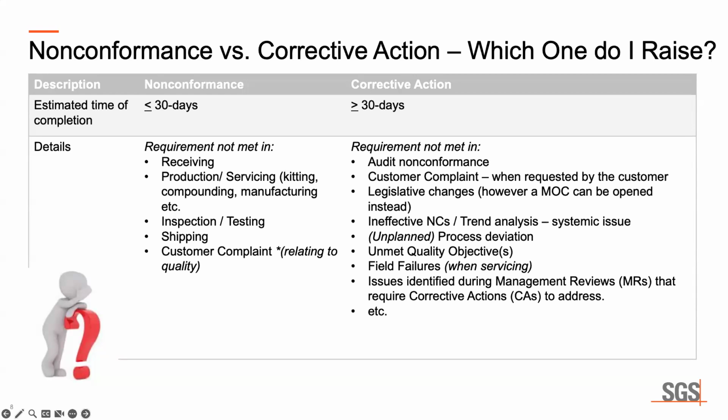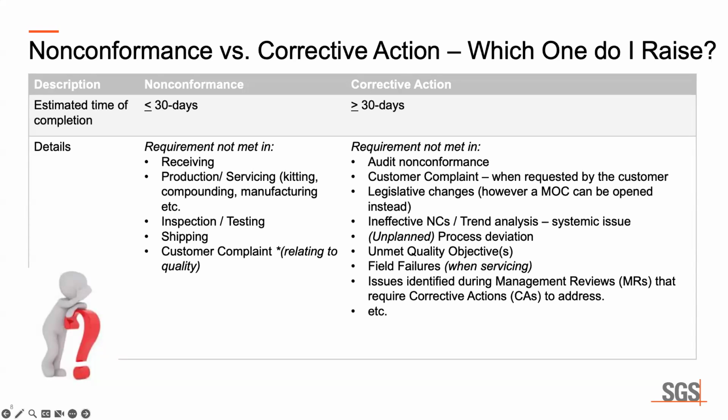At times, you might have what we call a deviation, but deviations are categorized as planned and unplanned. So I'm referring to unplanned deviations. The procedure tells you that these are the steps, or the work instruction lists exactly the steps that need to be followed, and you've deviated from it, and it was caught by quality, for instance.